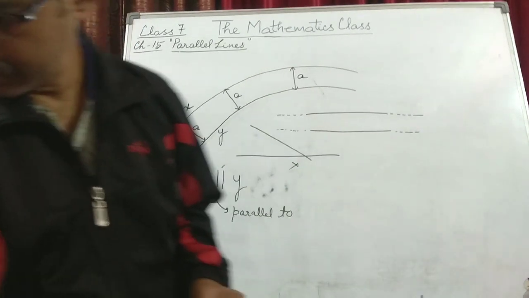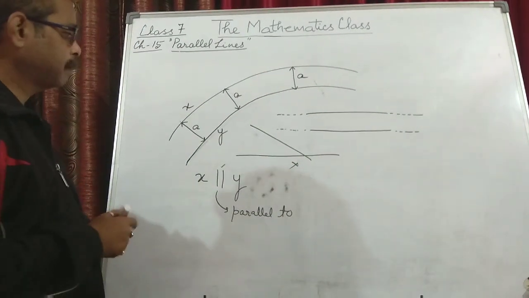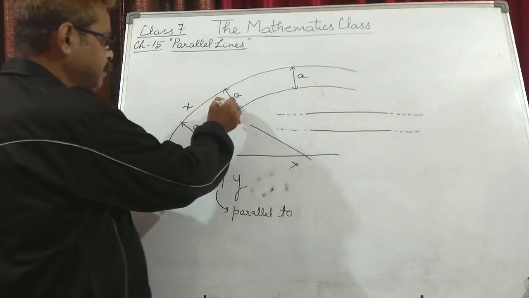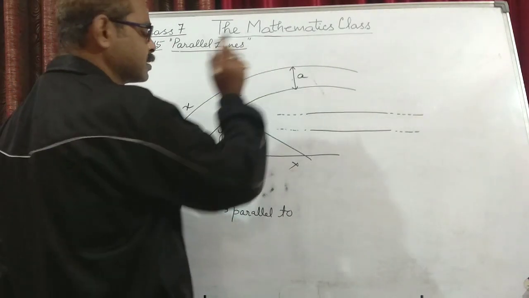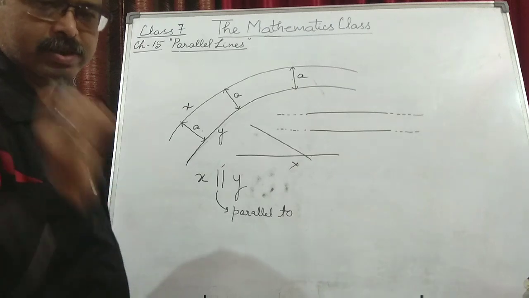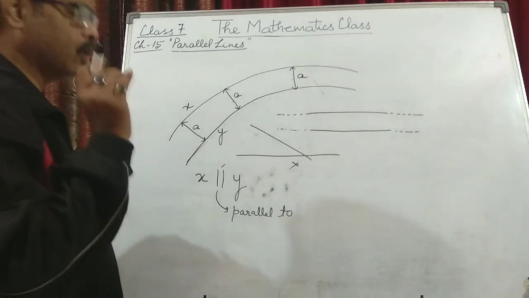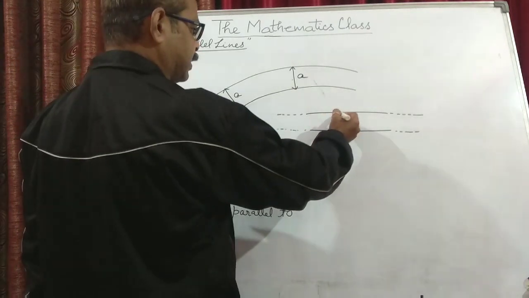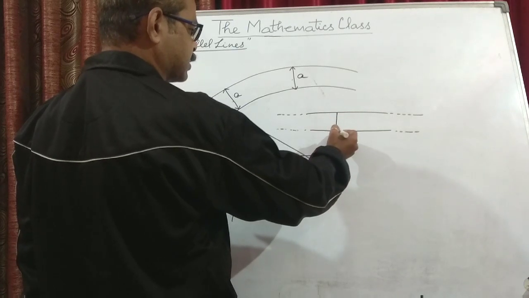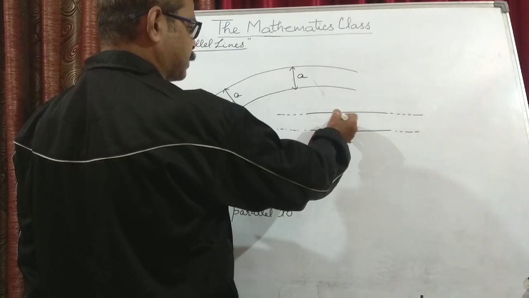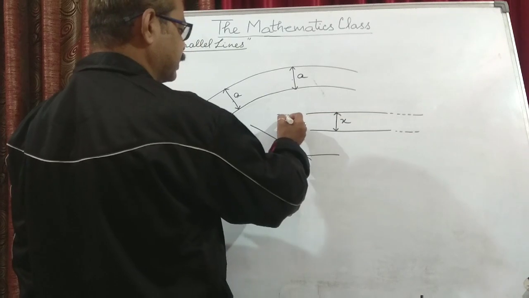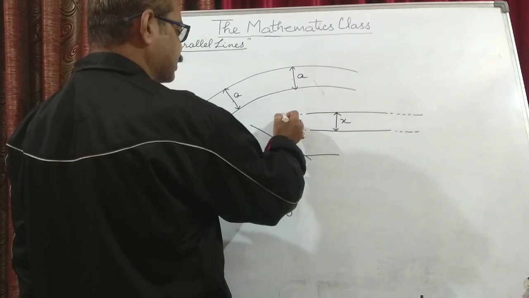Now, one more thing, that the perpendicular distance between parallel lines is always the same, fixed or constant. Suppose I say the distance between these two lines is x units, perpendicular distance. So everywhere it will be x units.